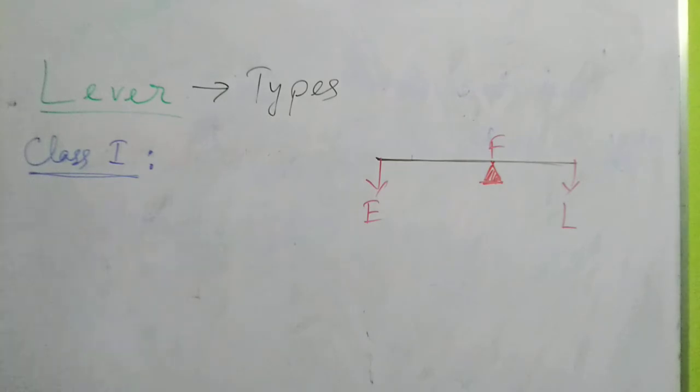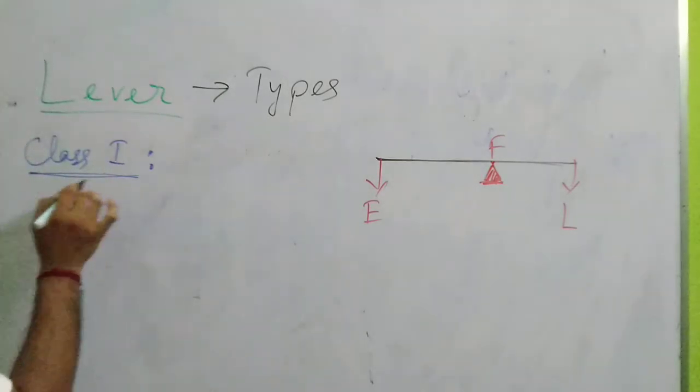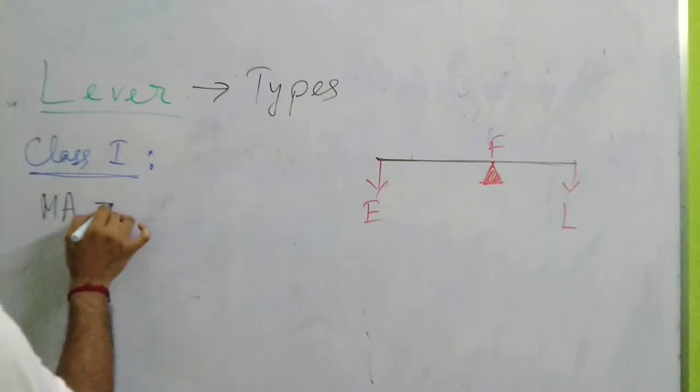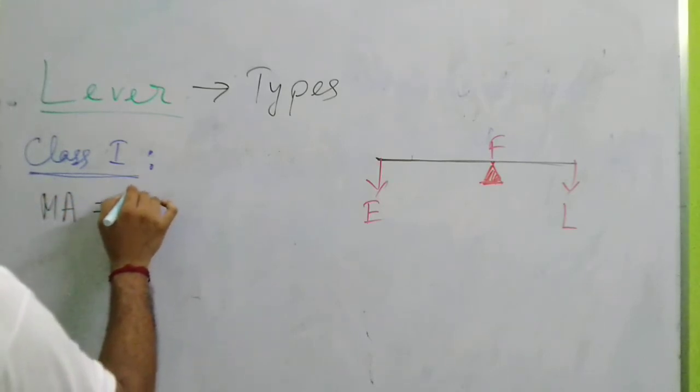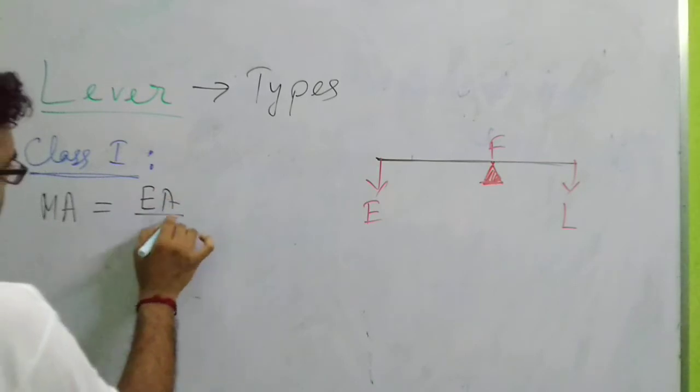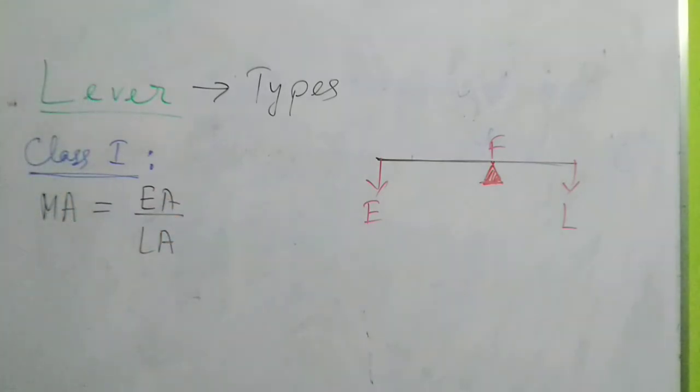So for a class 1 lever, what will be the values of mechanical advantage? As you have seen from the principle of lever, mechanical advantage can be regarded as effort arm by load arm, isn't it? So in class 1 lever, if I ask you the question, does the class 1 lever act as a force multiplier or as a speed multiplier?